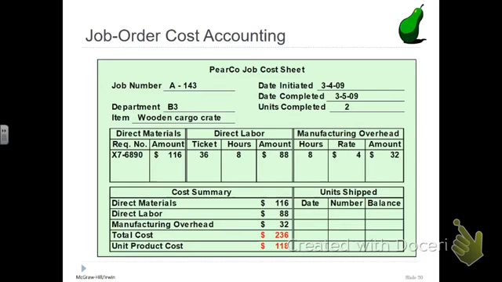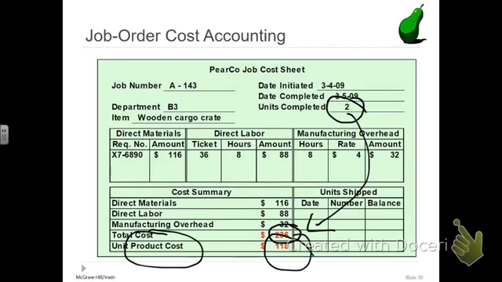So notice in this case then they take and they sum up the total cost. In this case it's $236. Okay, by adding all those numbers, notice they made 2 of them. It required 2 units to be produced, so they took the 236, divided it by 2, and the unit product cost is $118. Notice that is just the product cost.